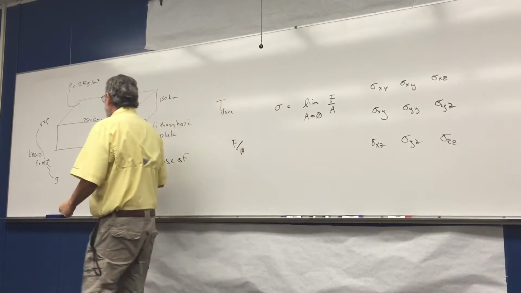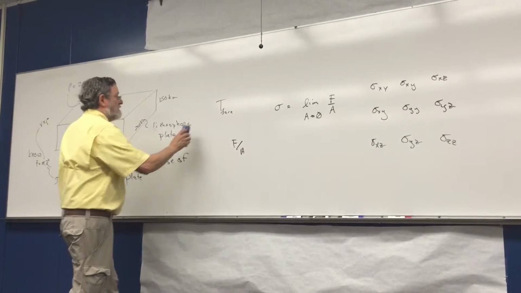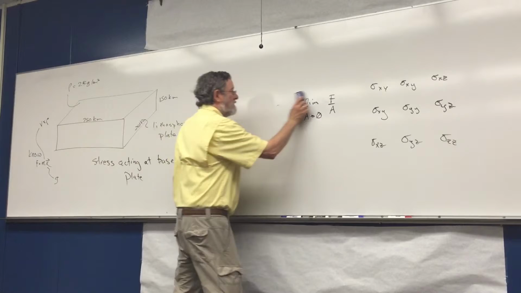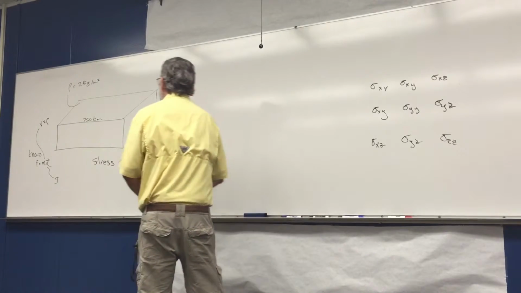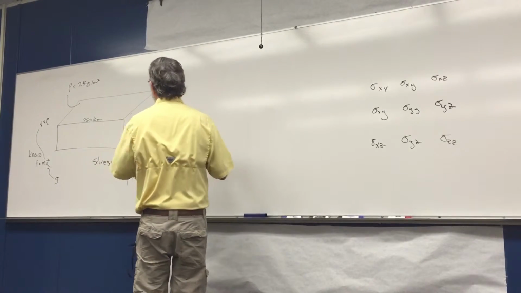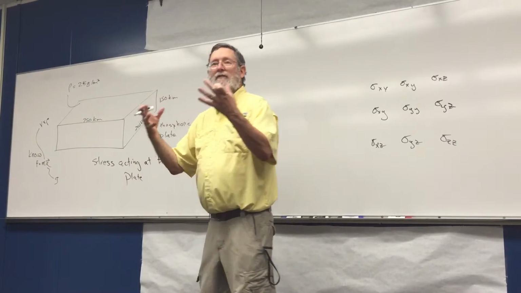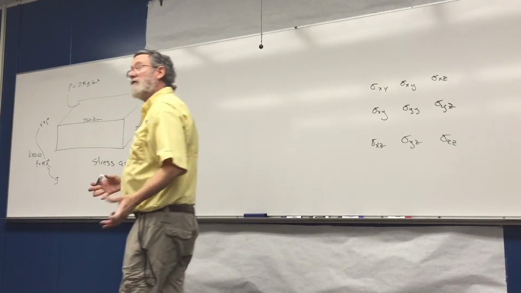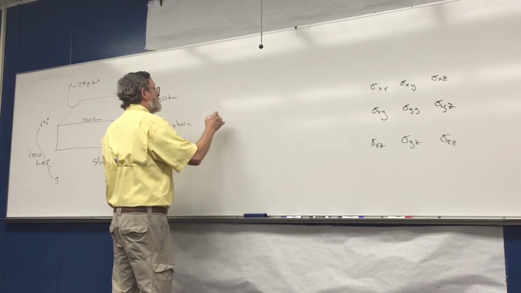Well, the easiest way to do it, and since I'm old, I don't think very fast, if I look at this, I go, well, okay, the easiest way for me to do it is leave it in the CGS system, which I know drives you crazy.